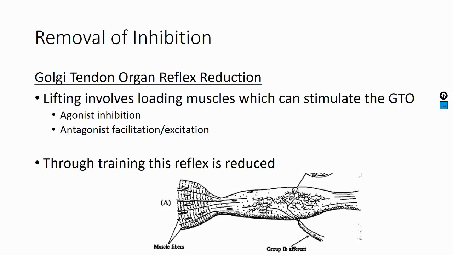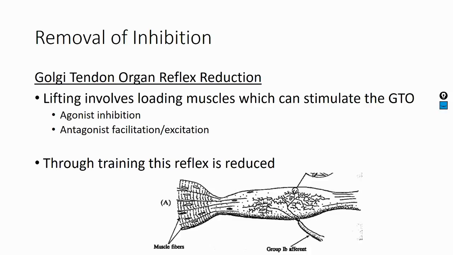One of the mechanisms that contribute to that is the Golgi tendon organ reflex. We talked about this before, but when the GTO is stimulated, you get a couple things happening. Agonists are inhibited. So in the case of doing a bicep curl, the bicep is the agonist because it's the major mover there.